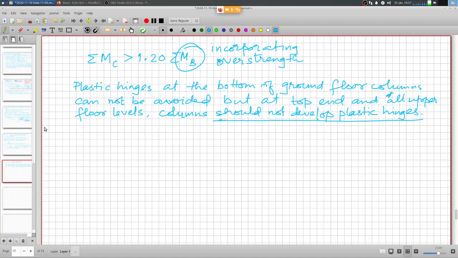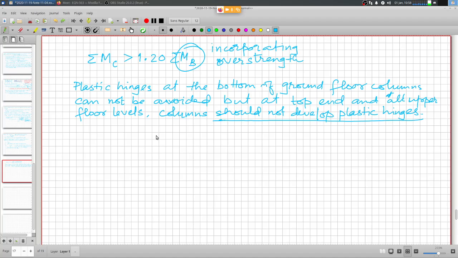And again, shear force, obviously we already worked out, and if you provide this special ductile reinforcement, then it pretty much takes care of the shear strength requirement.